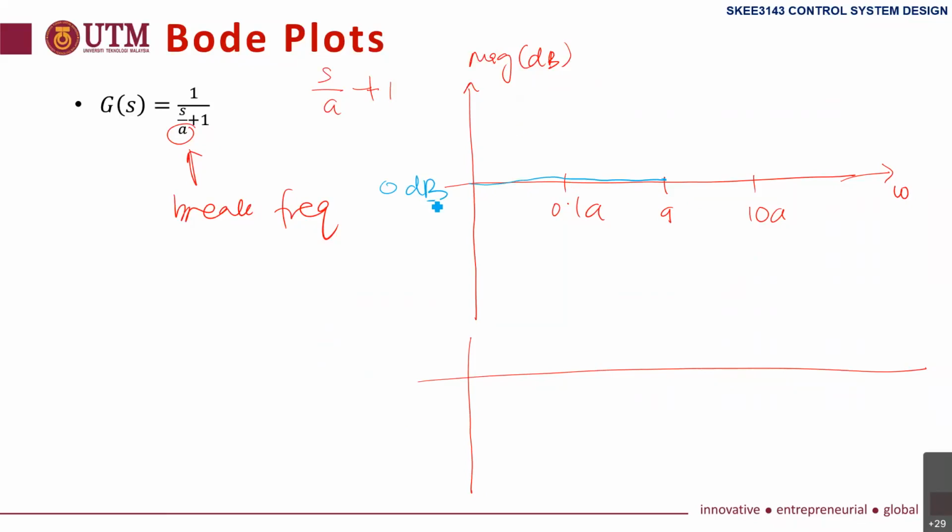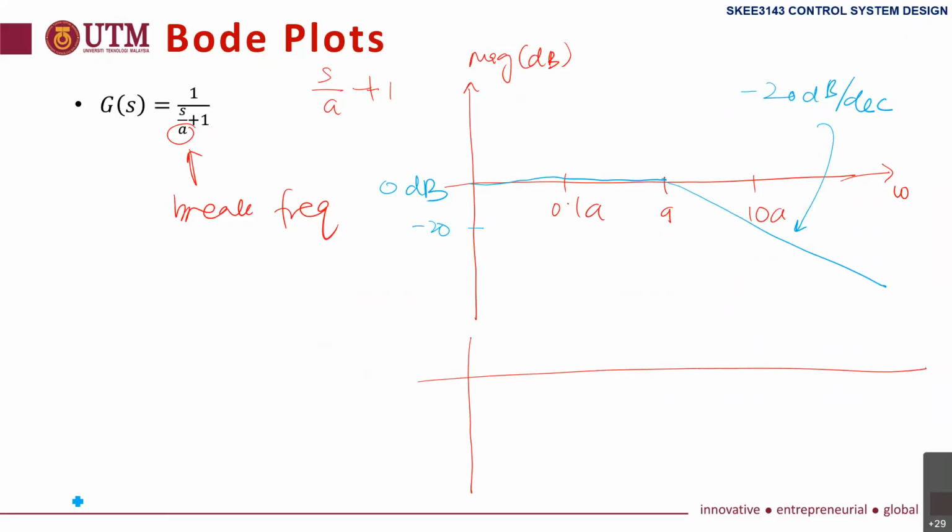After A, just now we plotted going up for S over A plus 1, but in this case, it will be negative. It will be going down here. One decade will be minus 20 dB. So this is a line of minus 20 dB per decade. If you use the same technique, it's 1 over, that's why it becomes negative.